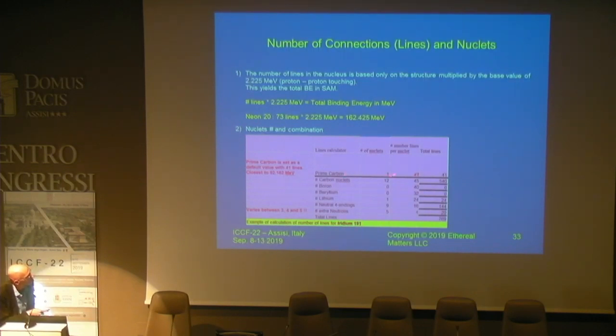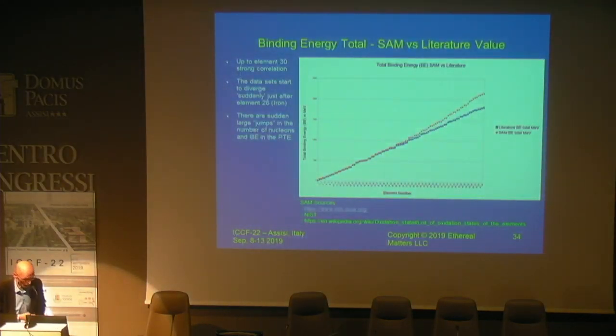So we see the prime carbon, which is the center. There's one there. That's always there in the bigger elements. And the number of carbon nucleates, in this case, it has 1 lithium, 9 neutral endings, a couple of extra neutrons. You simply add it up, and you get the number of lines, which you multiply, and then you get your binding energy.